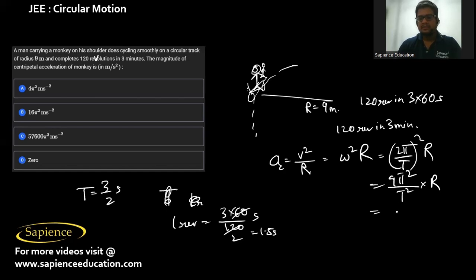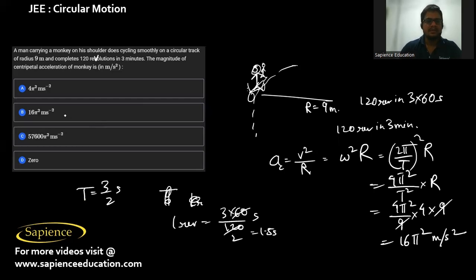So this will be 4 pi square by 3 square by 4 into r. R is 9 meters, so 9 will cancel. So it is 16 pi square meter per second square, the centripetal acceleration of the monkey. So option B is the correct answer.